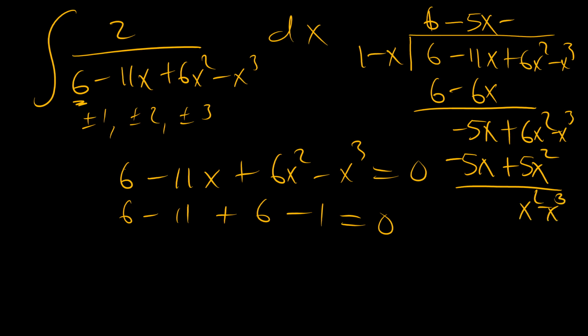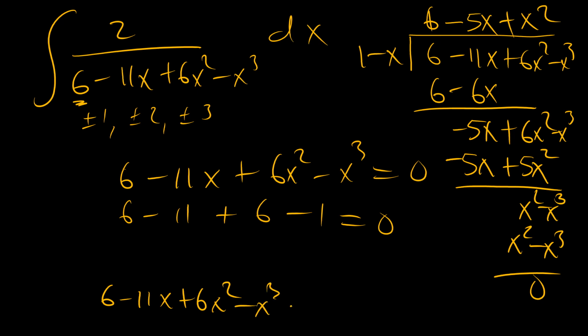So plus x squared gives us x squared minus x cubed, which is 0. So in other words, 6 minus 11x plus 6x squared minus x cubed is the same as 1 minus x times 6 minus 5x plus x squared.